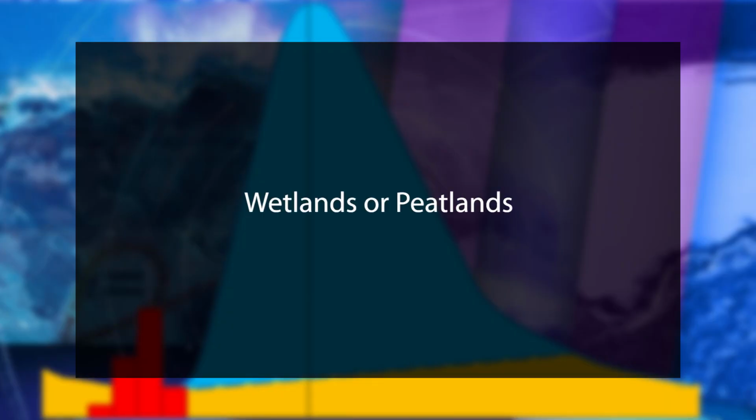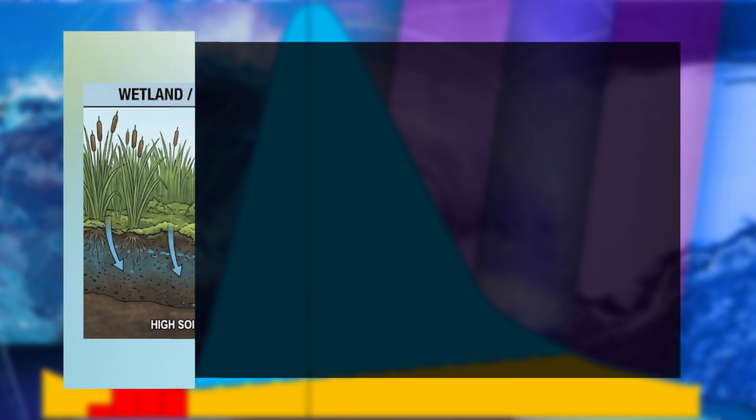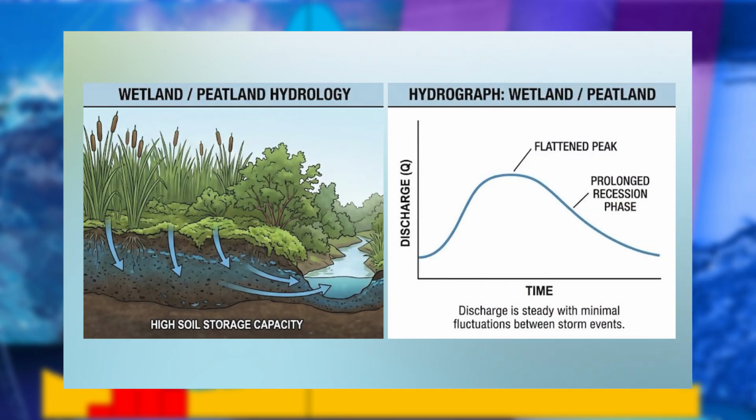Now, if we have a look at the wetlands or the peatlands, these regions are characterized by high soil storage capacities and dense vegetation cover. Water flow and discharge are buffered by slow release from saturated soils. Hydrograph shape shows a flattened peak and prolonged recession phase due to the high water retention capacity of wetland soils.